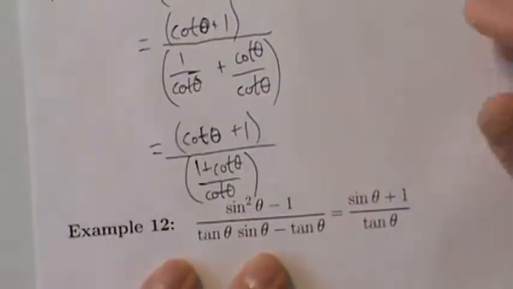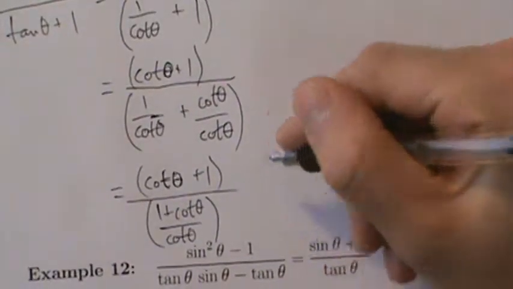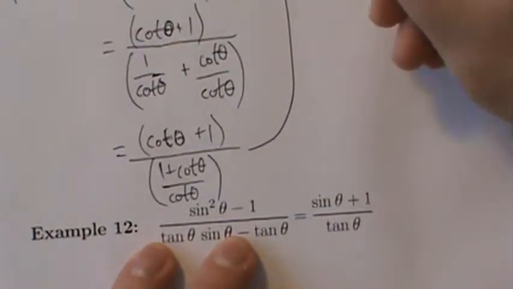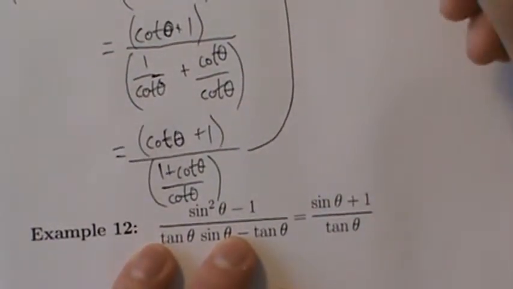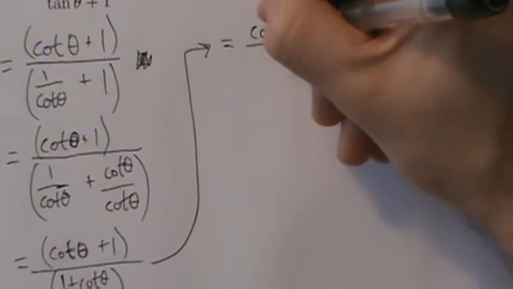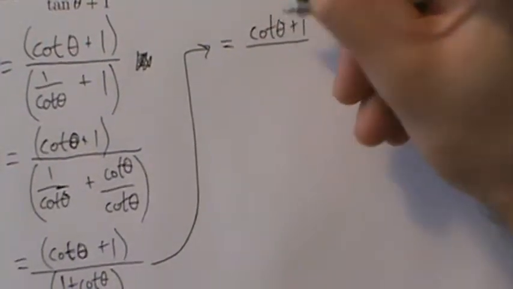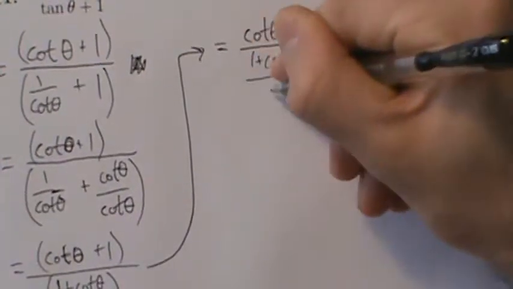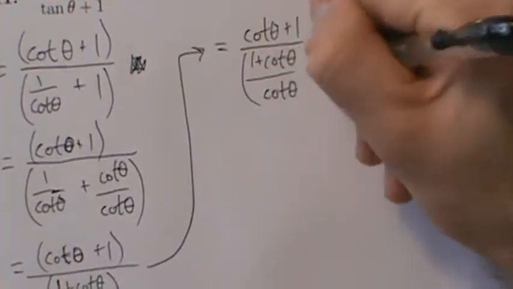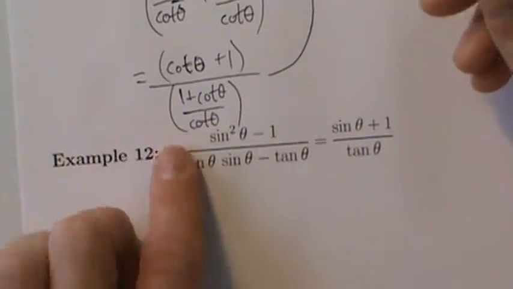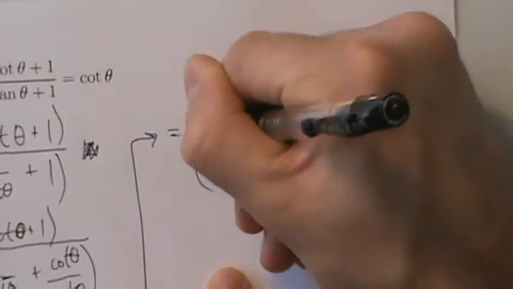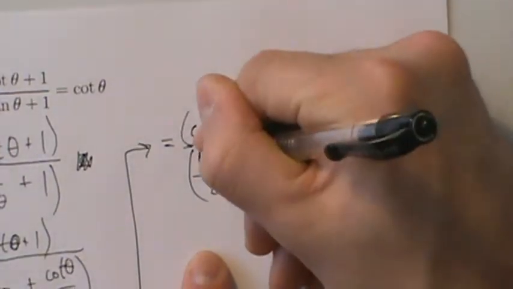Now that we've squished it all together into one fraction, let's rewrite that. Cotangent of theta plus 1 over 1 plus cotangent of theta over cotangent of theta. I didn't actually do anything different here, I just wrote it again.